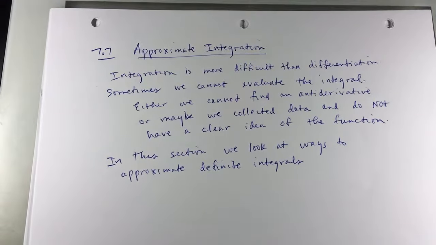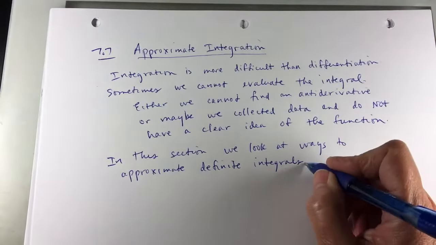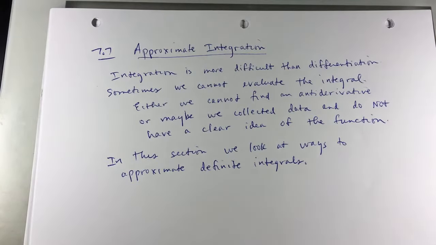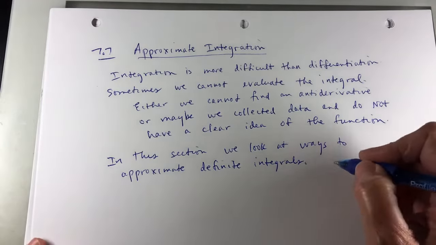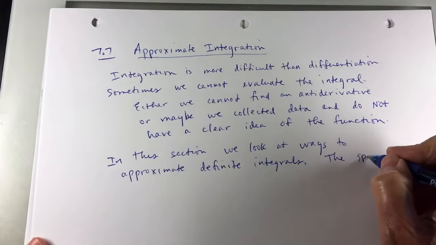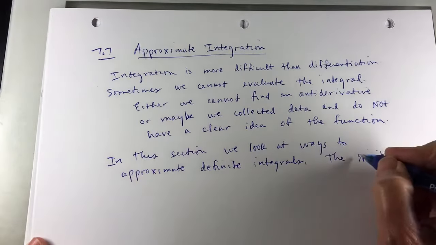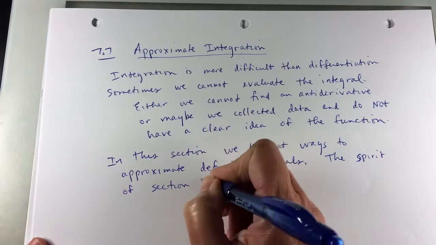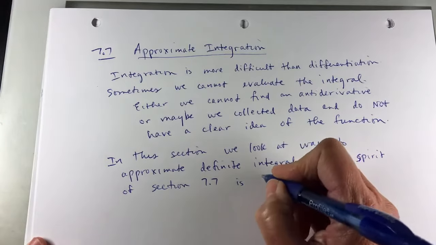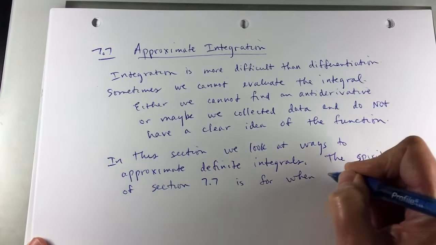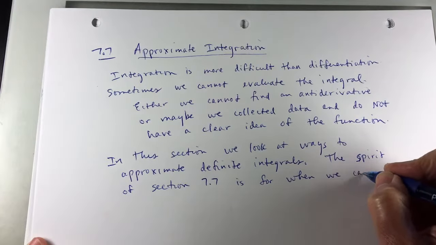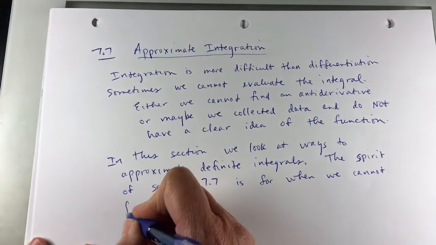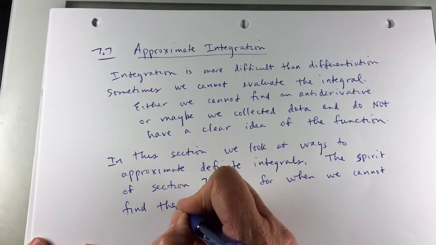So in 7.7, we want to look at ways to approximate definite integrals. But the whole spirit of this section would be if I cannot find the antiderivative. So I'm going to write that. The spirit of section 7.7 is for when we cannot find the antiderivative.